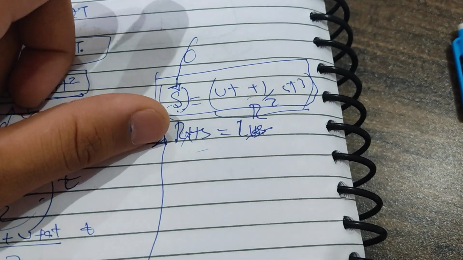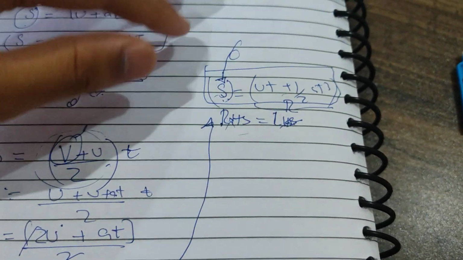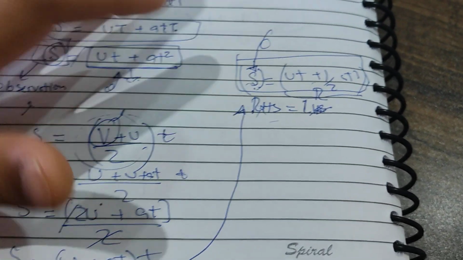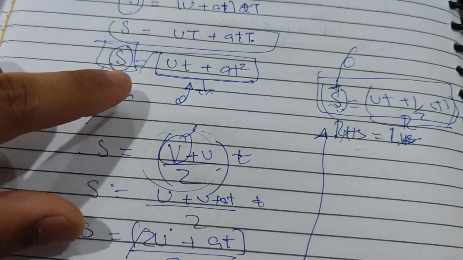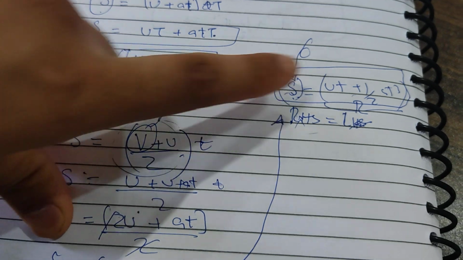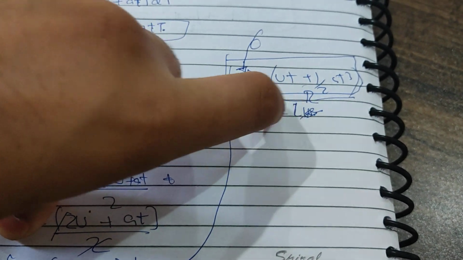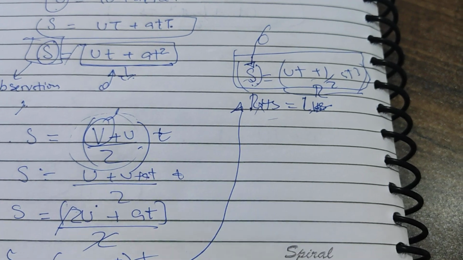And what was the problem? That RHS gave more distance than the LHS, which came from the observation. The problem was the missing half. It was giving the more result because we didn't insert the half. Now the problem was solved.